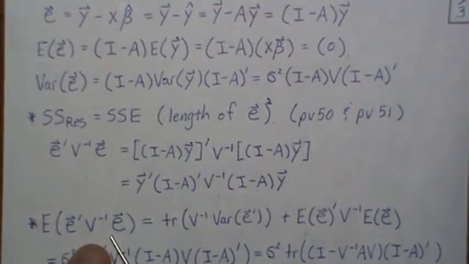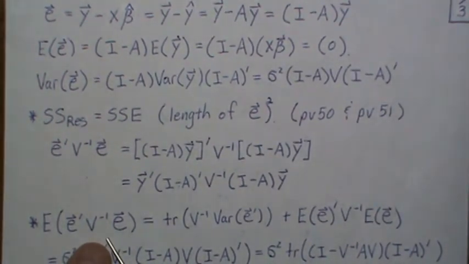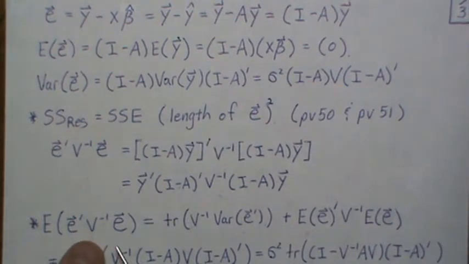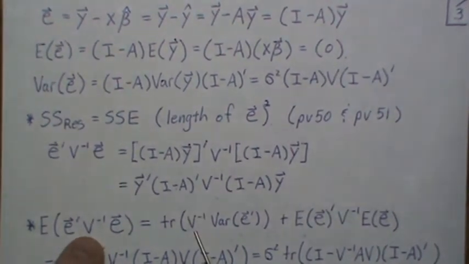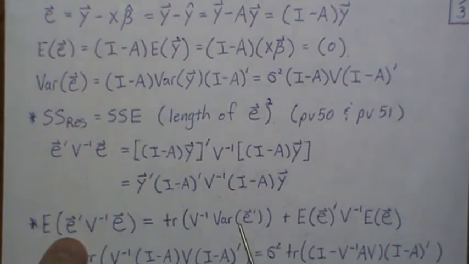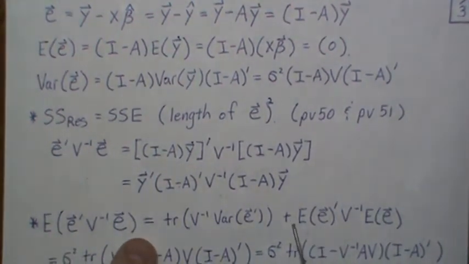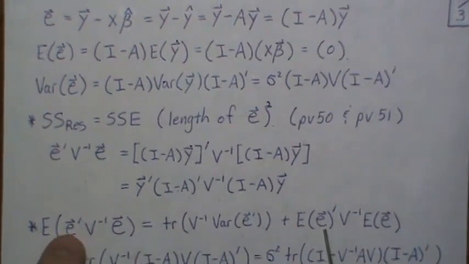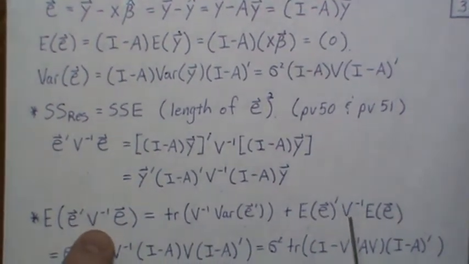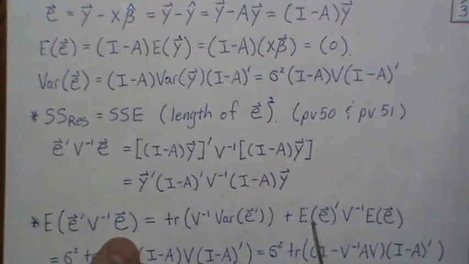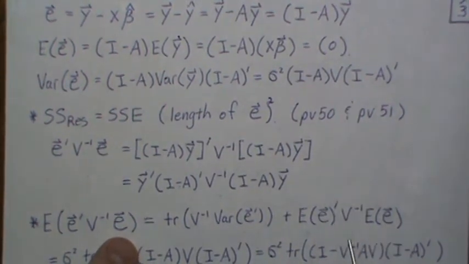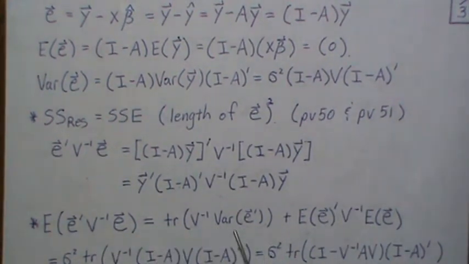I have a video called The Mean and Variance of Quadratic Forms, if you need more detail on this step. But this is equal to the trace of that middle matrix times the variance of this vector, plus the mean of this vector times the middle one times the mean. But the mean of the residual is 0, so this goes away, and we're left with this.